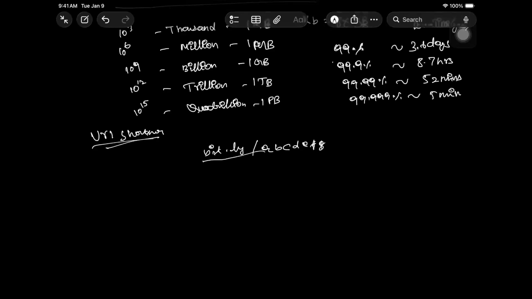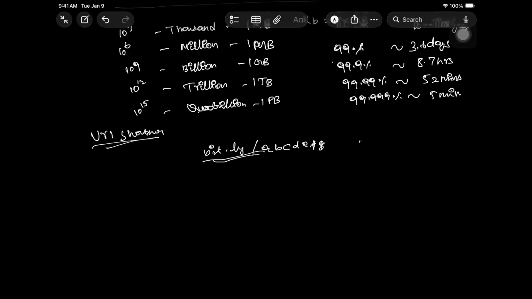To access the URL, when the user uses this short URL, it will hit our DB, then it will retrieve the original URL. Basically it's a concept like DNS.